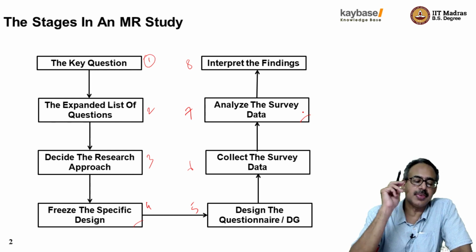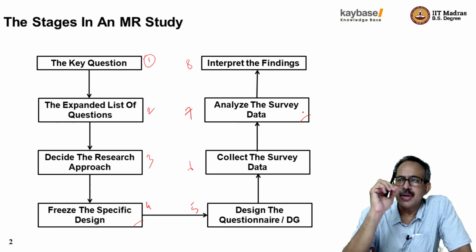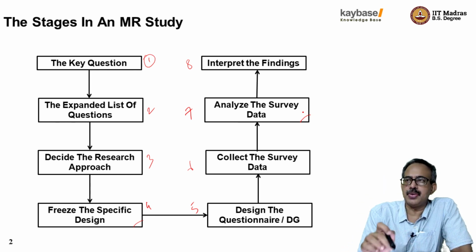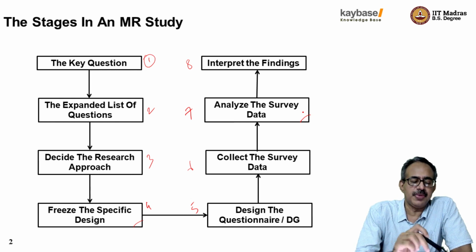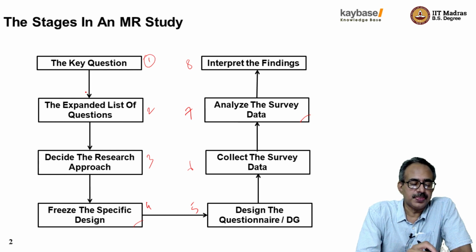Okay, so what is the key question? Before that, we'll come to that, but let me just read this out for you in case it is not clear on your screen. We first identify the key question of the study. We expand the key question into a larger set of questions.